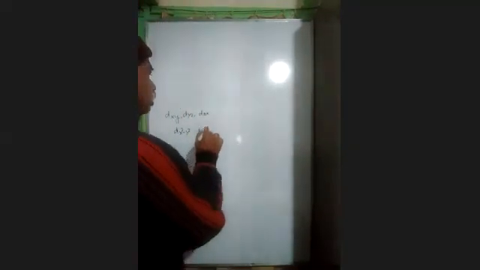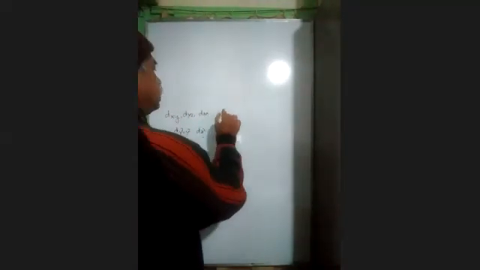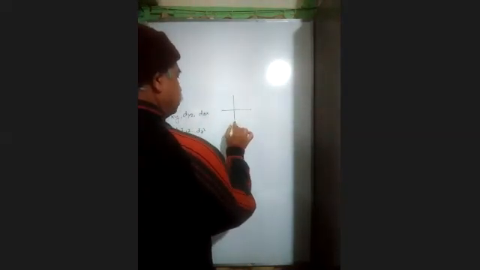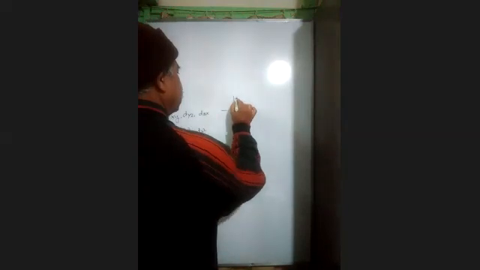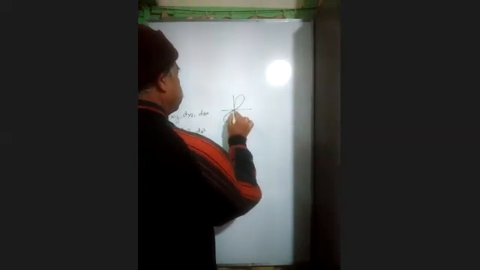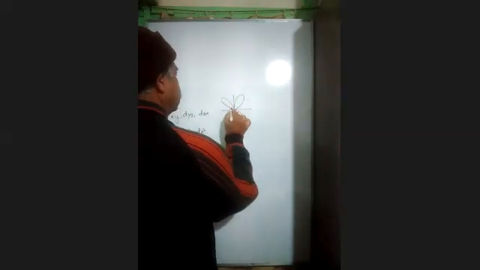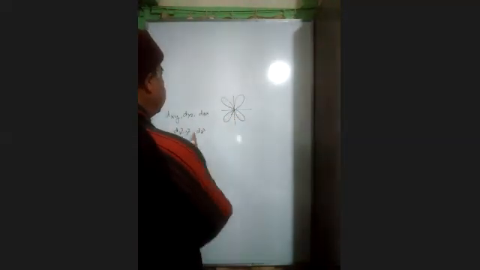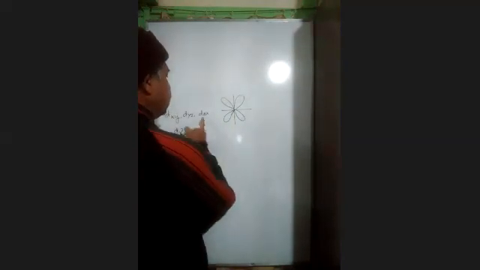Okay, now see how they are. This dxy, dyz, dzx, they lie along the plane. I'm not drawing the plane. They lie along the plane. So if it is xy plane, then we call it dxy. If it is yz plane, we will call it dyz. And if it is zx plane, then we call it dzx.